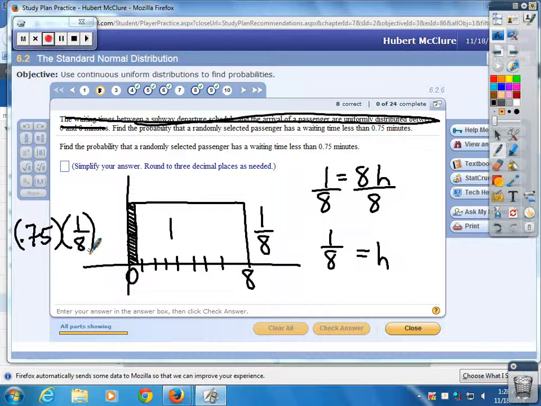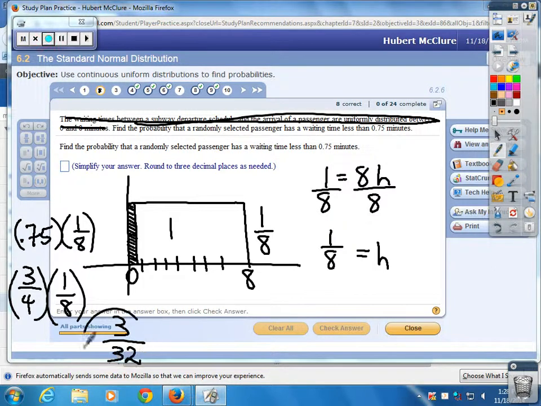Unless you skipped over fractions and your teacher did teach you fractions in the past and you just fell through the cracks and you don't know how. So that's 3/4 times what? 1/8. Does anything cancel? No, I don't think so. So 3 over what? 32?